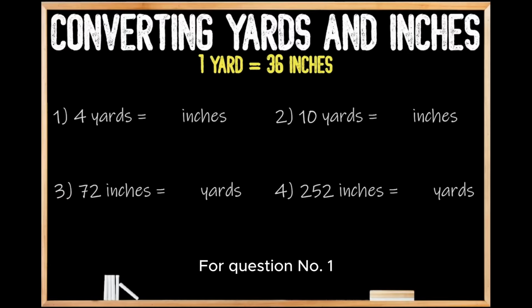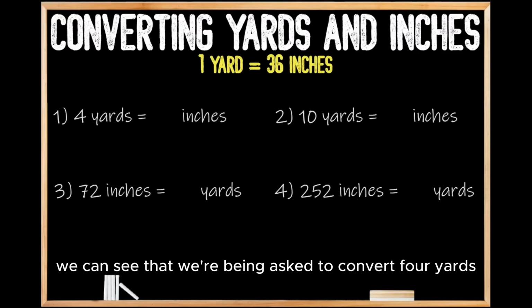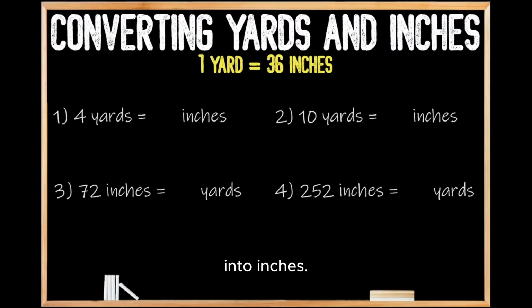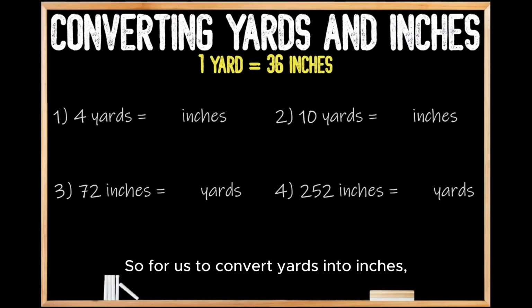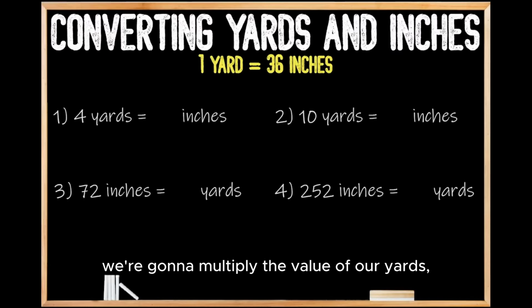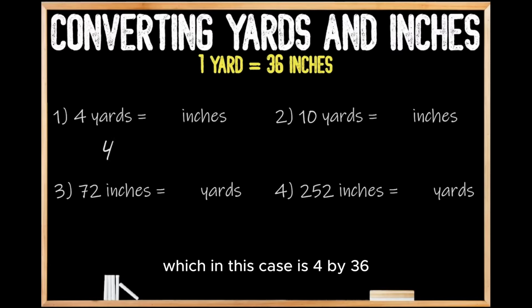For question number 1, we can see that we're being asked to convert 4 yards into inches. Well, as we can see up top here highlighted in yellow, 1 yard is equal to 36 inches. So when we have 4 yards, we can think of that as 4 equal groups of 36. So for us to convert yards into inches, we're going to multiply the value of our yards, which in this case is 4, by 36.